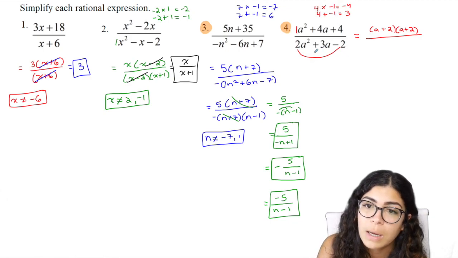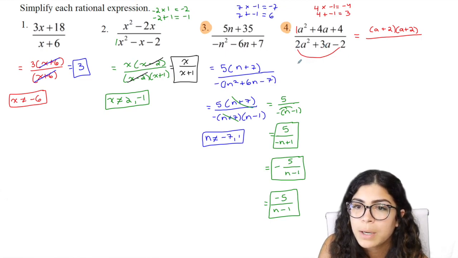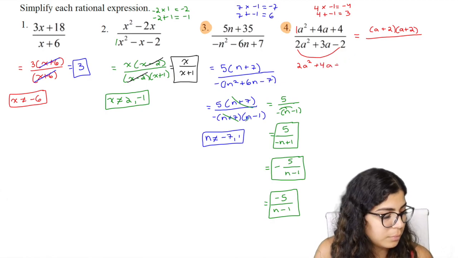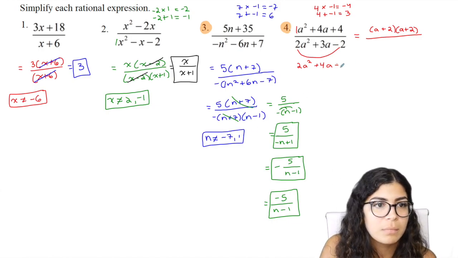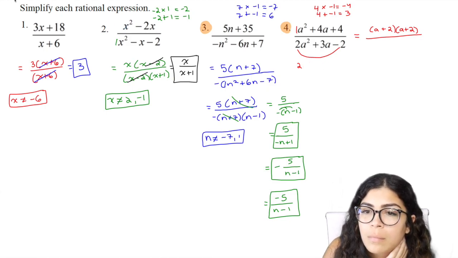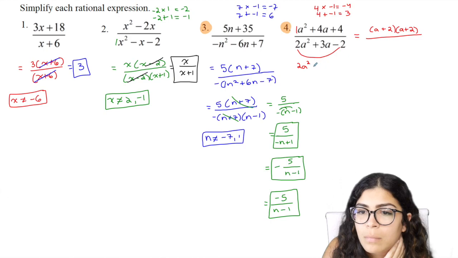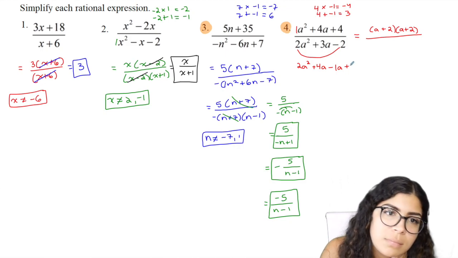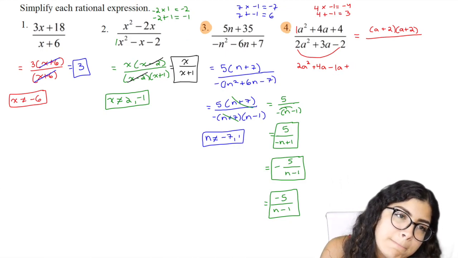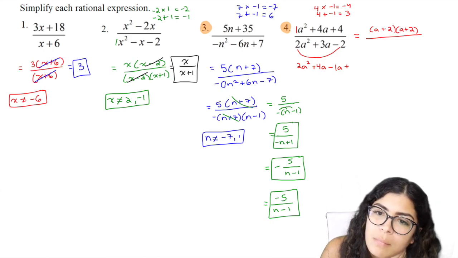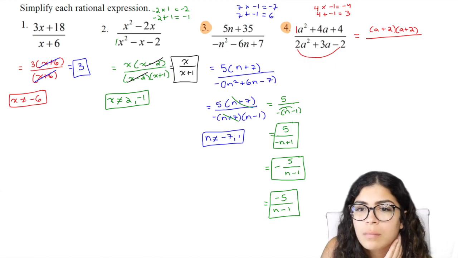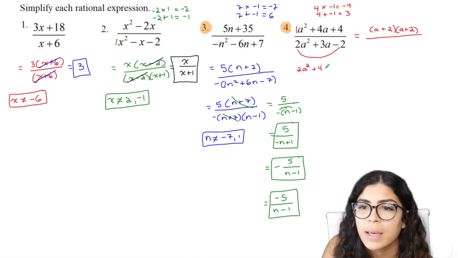And because there is a coefficient in front, I will split the middle. 2a squared plus 4a minus 1a minus 2.